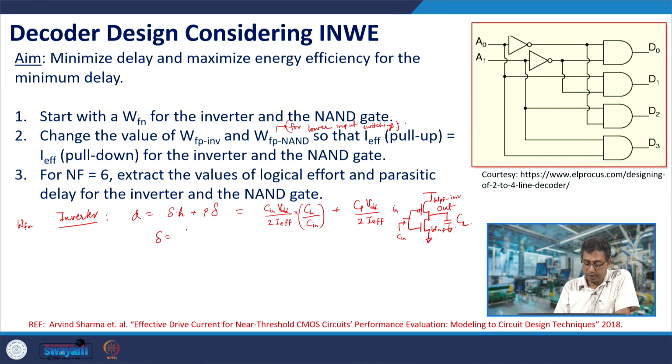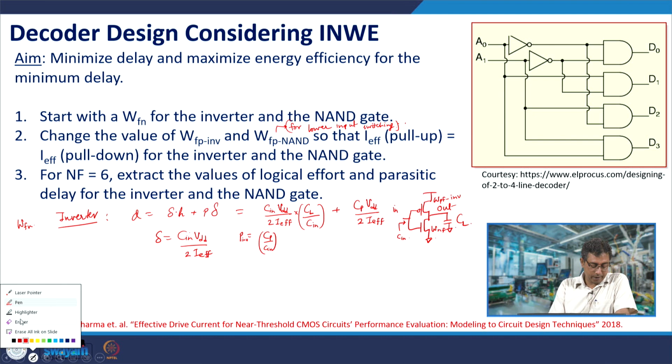Delta comes out to be C in VDD by 2 times I effective. And what does the value of parasitic delay of the inverter come out to be? It would come out to be Cp by C in, because we are defining delta. So, this is for the inverter.